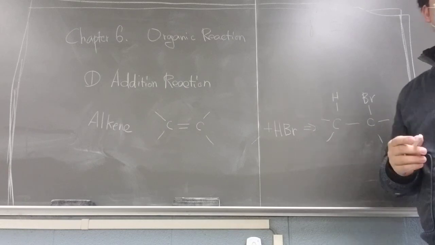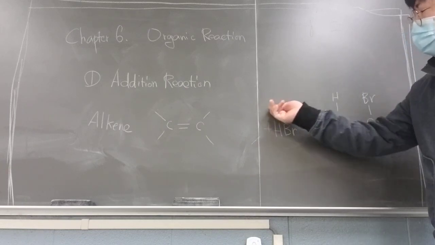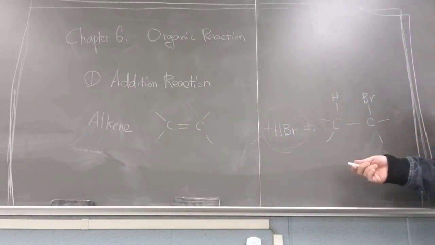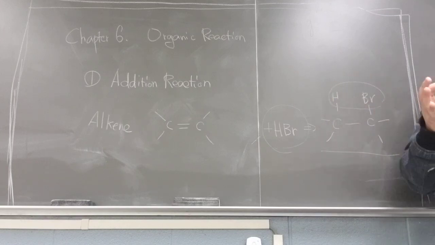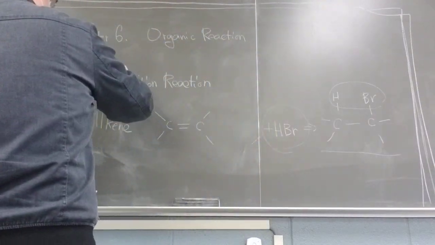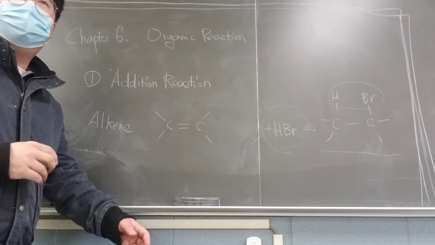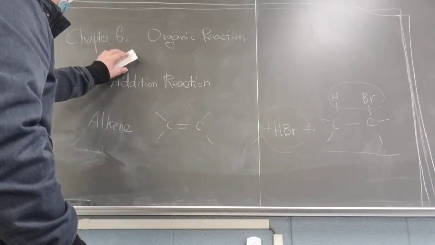We call this an addition reaction because we simply added a new component on the starting material, your reactants. So you have this hydrogen and bromine added on your compound. Okay, make sense, right?